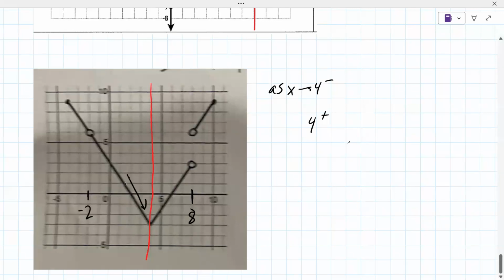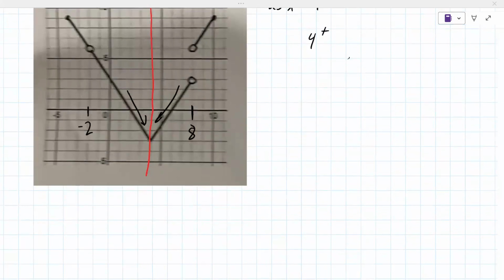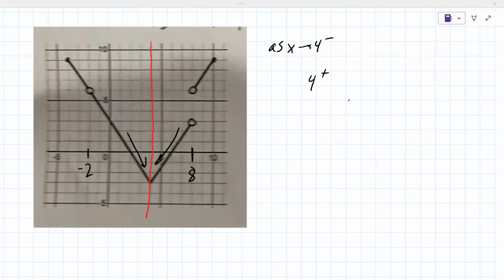Well, again, what is it approaching? 4. x is approaching 4, but what's the y value? Well, there is no y on 4. Oh wait, what am I talking about? Sorry. Let me zoom in. 4, -3, right? Yes, approaches -3.